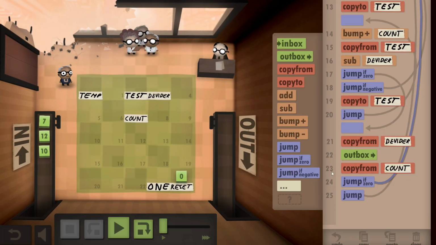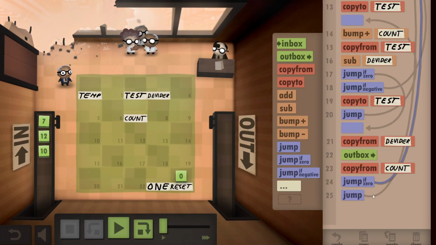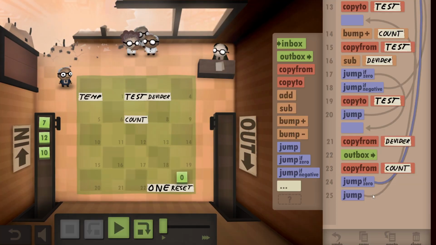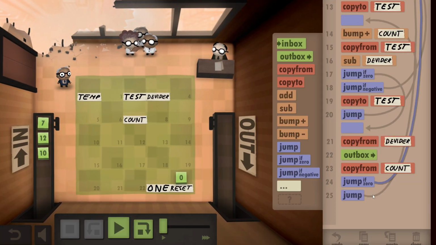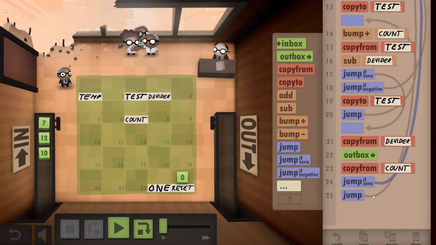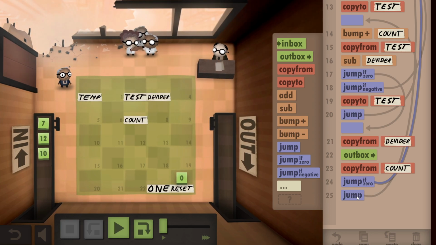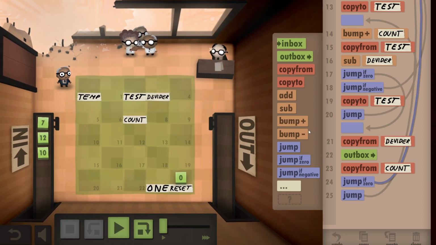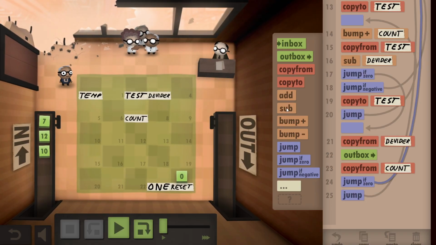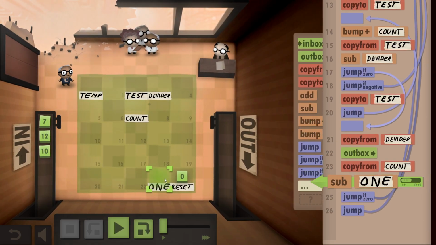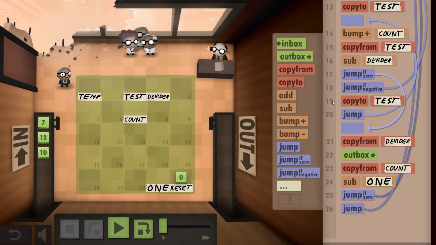I could do count minus 1, sub 1, and then if 0. That would be a quick solution. If 0, if not, jump up.